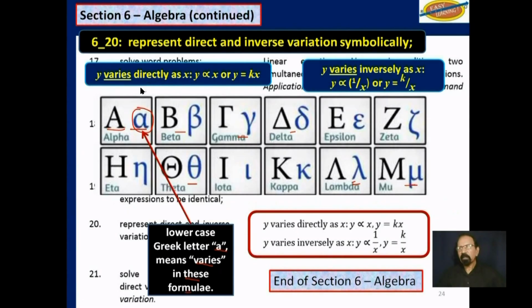So this letter here, which is this symbol here, but we wouldn't say alpha. We would say y varies directly with x, or y varies inversely with x.